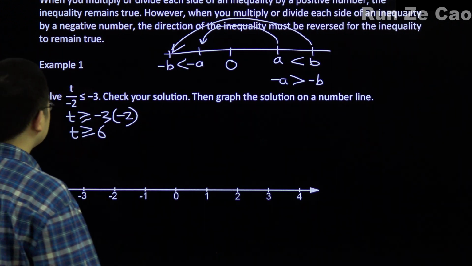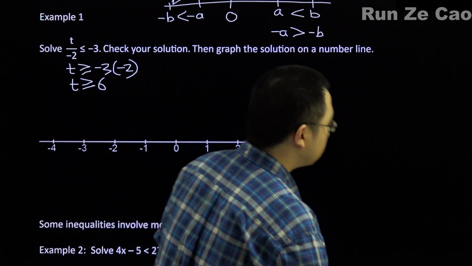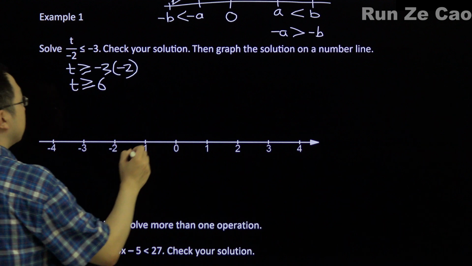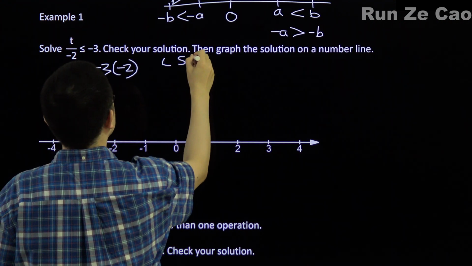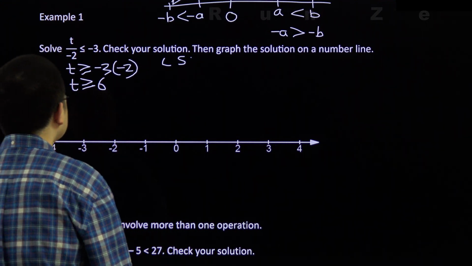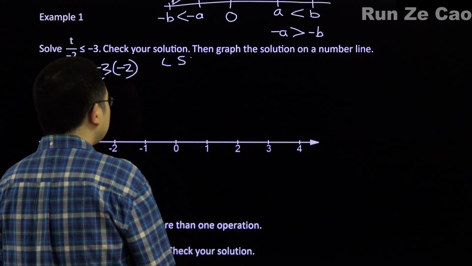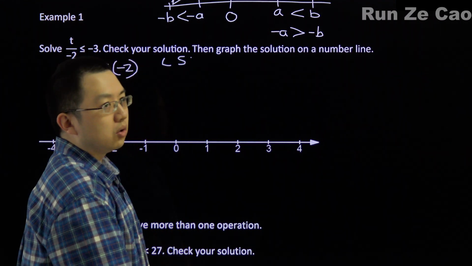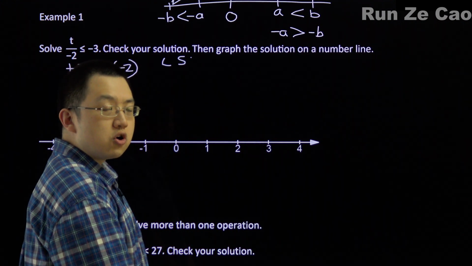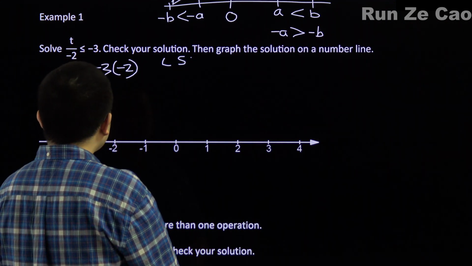So if we check our solution, we would end up with left side is, we start off with a value that's bigger than or equal to 6 divided by negative 2. So we're going to end up with a value that has an absolute value bigger than or equal to 3.